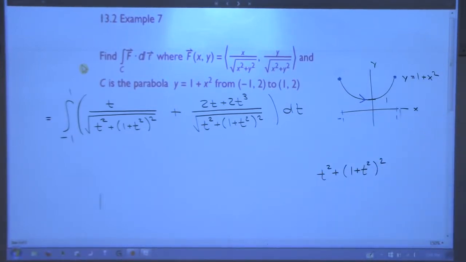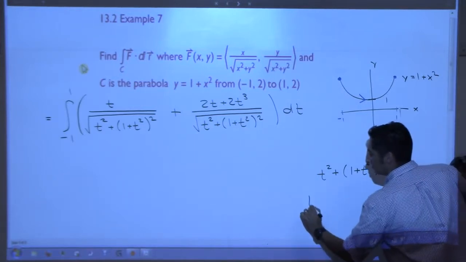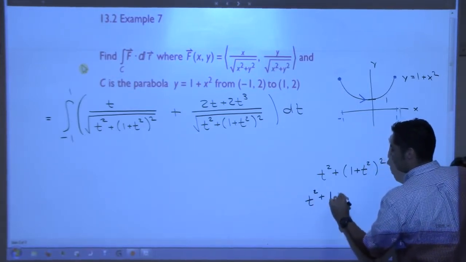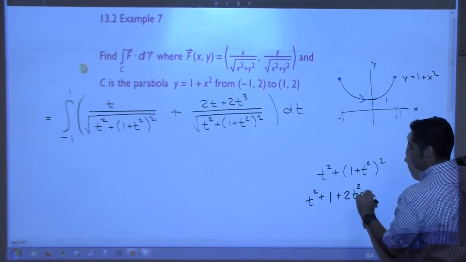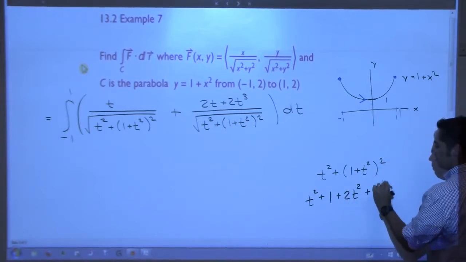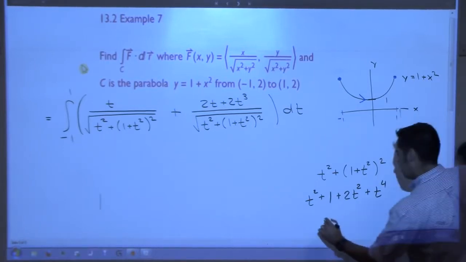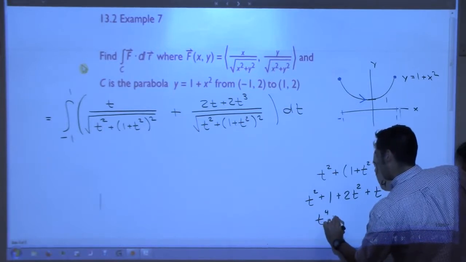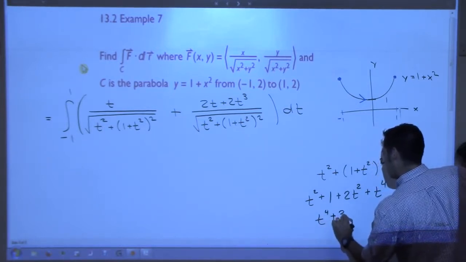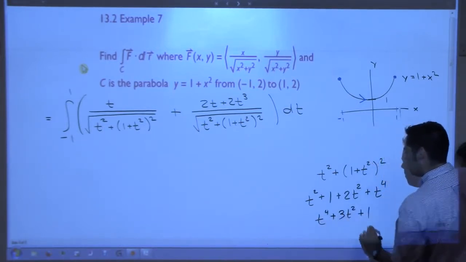What is that? It's t squared plus 1 plus 2t squared plus t to the 4th, which is just t to the 4th plus 3t squared plus 1.